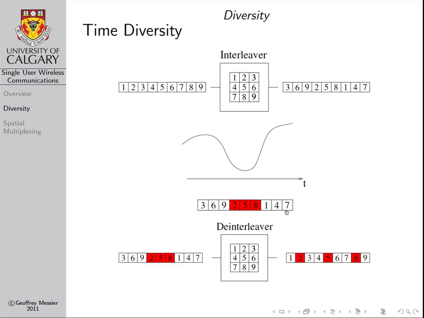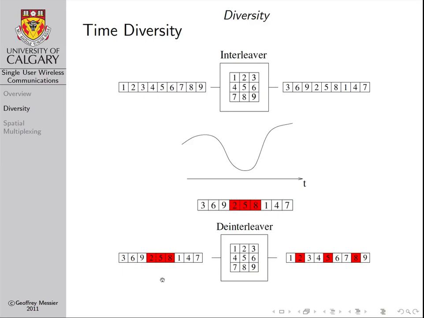Now we move on to the deinterleaver. The interleaver is a structure that lives in the transmitter. It scrambles the bits in the transmitter. We then send the scrambled frame through the channel, and then in the receiver, we have a deinterleaver that exists basically to put the bits back into the correct order. It usually has a structure similar to the interleaver, but it always performs the inverse of the interleaver operation.